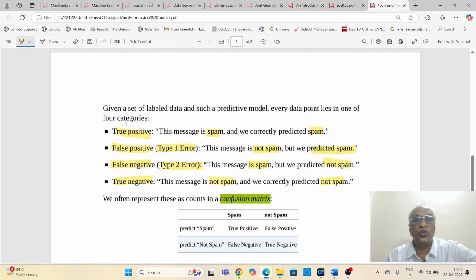So what is true positive? Actual spam, predicted spam. What is false positive? Actual not spam, predicted spam. What is false negative? Actual spam, predicted not spam. What is true negative? Actual not spam, predicted not spam. So for true positive and true negative, the prediction and the actual values are similar.